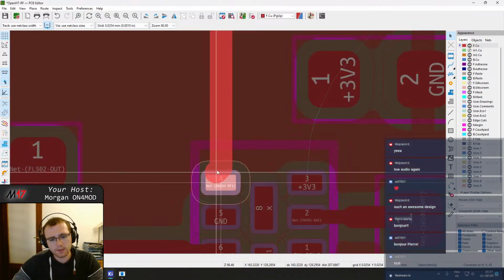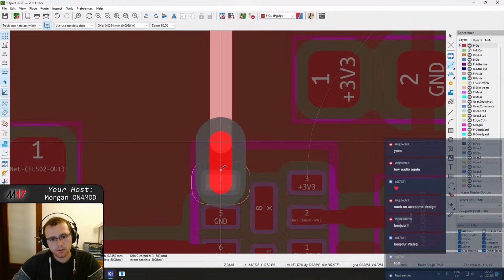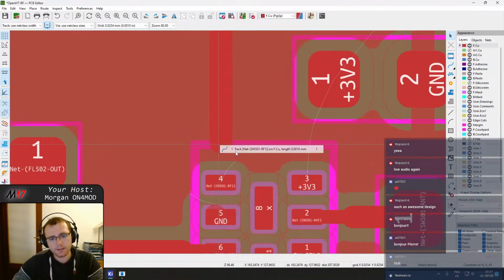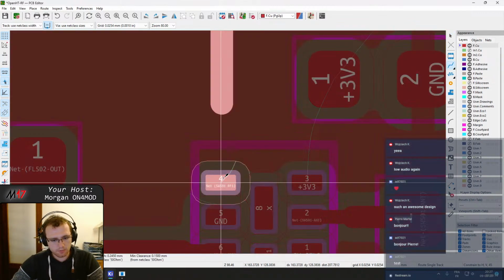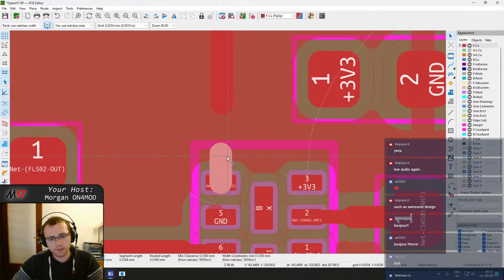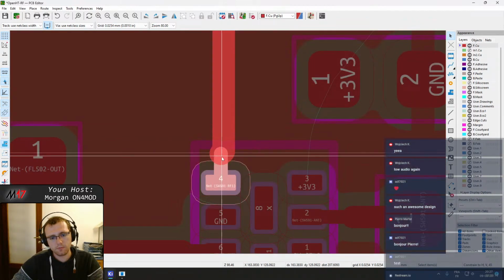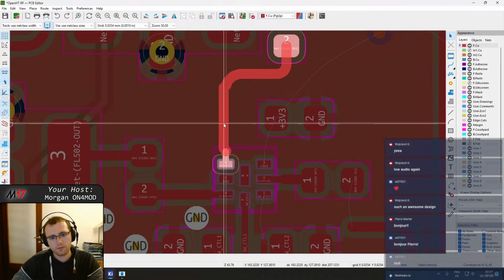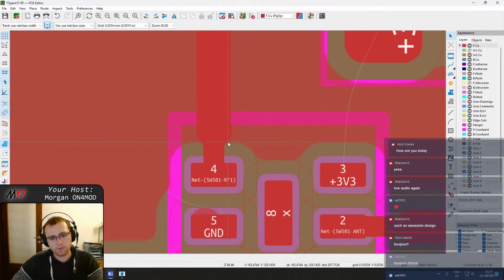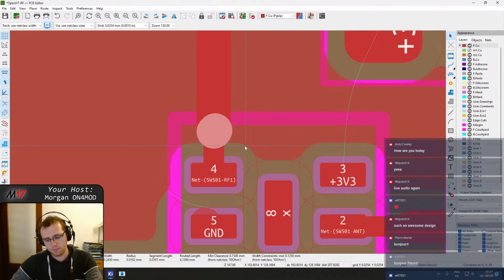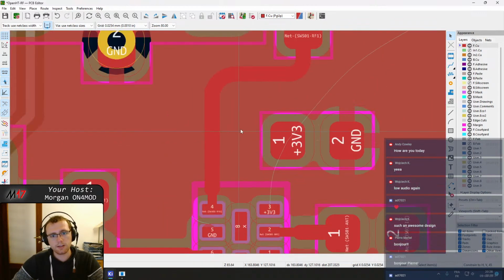Except that I don't want this huge pad here. Okay, it's way too large for this small pad, so let's pick a smaller one. Okay, like this.